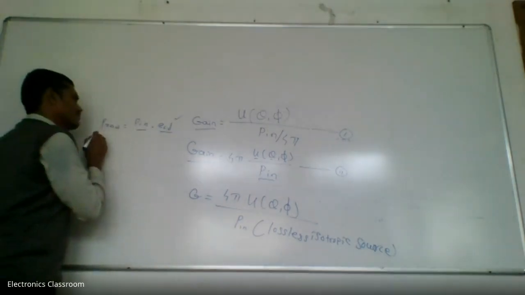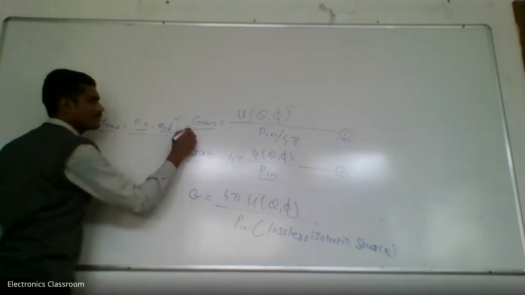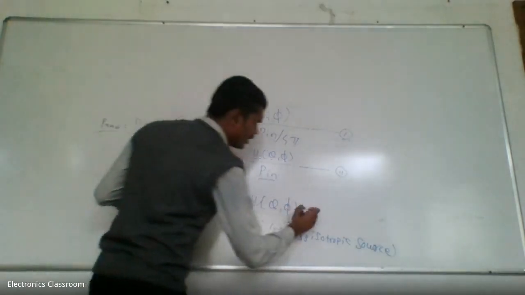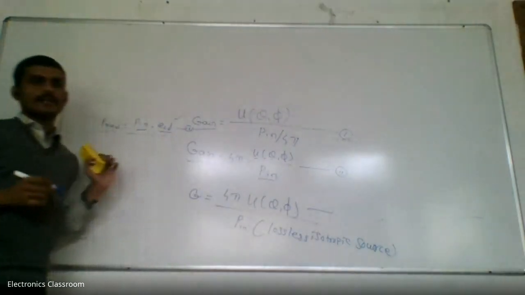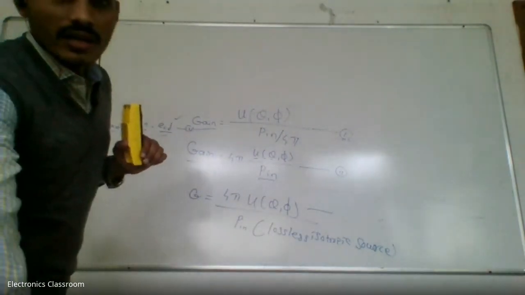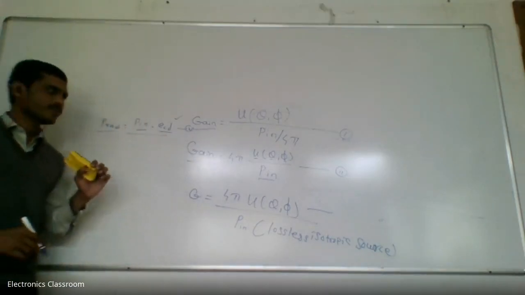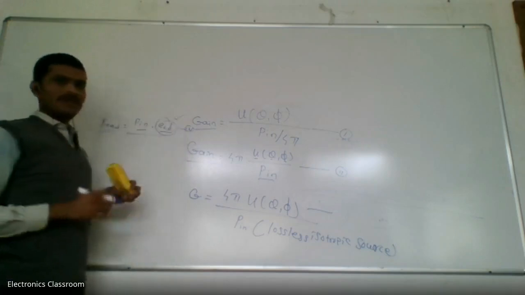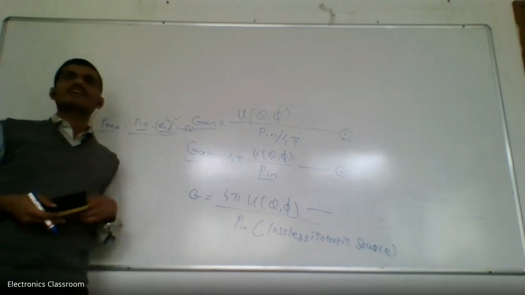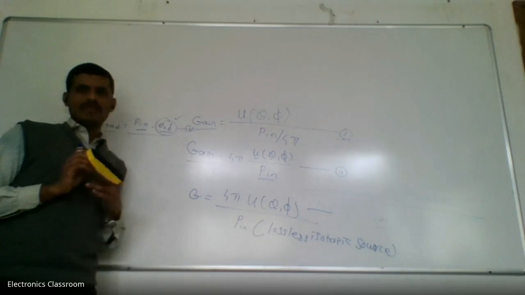That means by using this equation we can calculate the total radiated power, where we know that ECD is the antenna radiation efficiency.